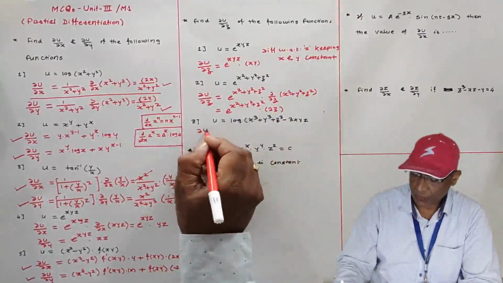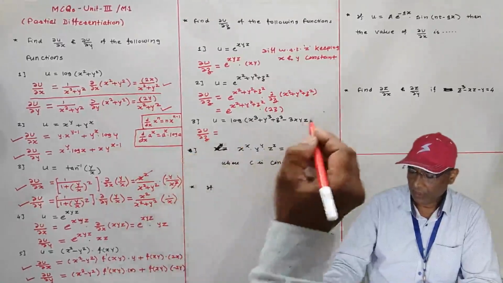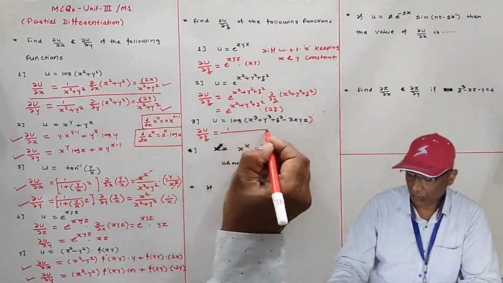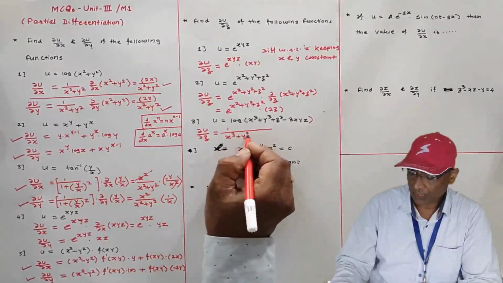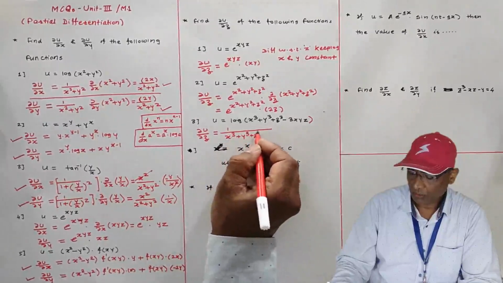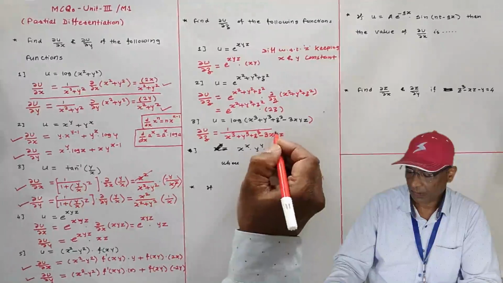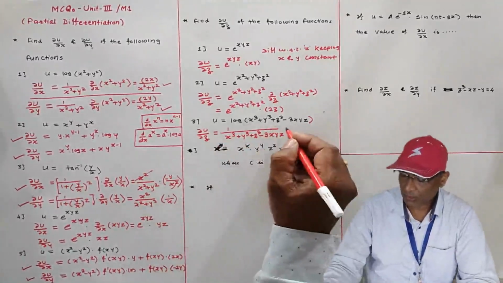Now, derivative of u with respect to z, here in this function, derivative of log is what? 1 by that argument x cube plus y cube plus z cube minus 3xyz, and derivative of this argument with respect to z will be what?